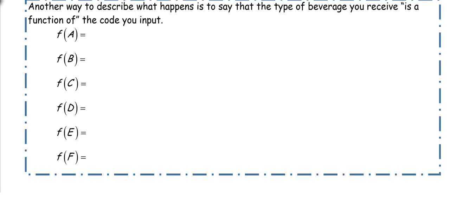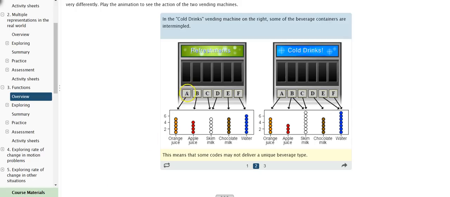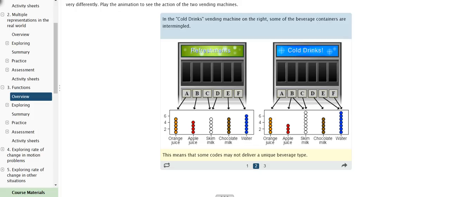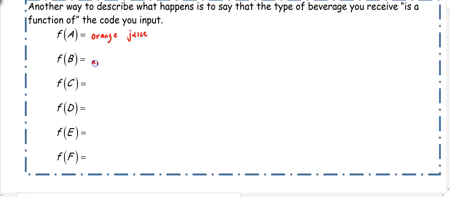So f of A, remember if we hit button A, if we look back at our image, A gave us orange juice. When we hit button B, we get apple juice.